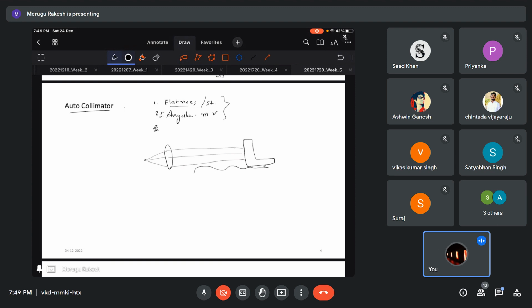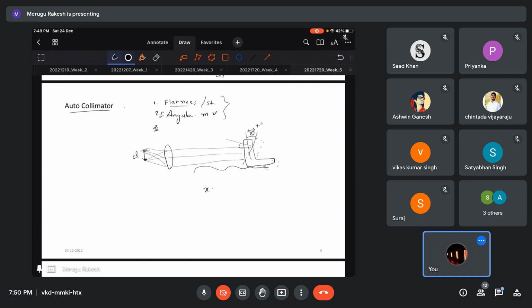If I'm doing it in 2-3 directions, I can get the flatness of the surface. If there is any tilt in this stylus that I'm using, I will have a tilt here itself. So this is the tilt. The light source image will have a deviation, so I will get this image in some other place. I will have this d, this theta.